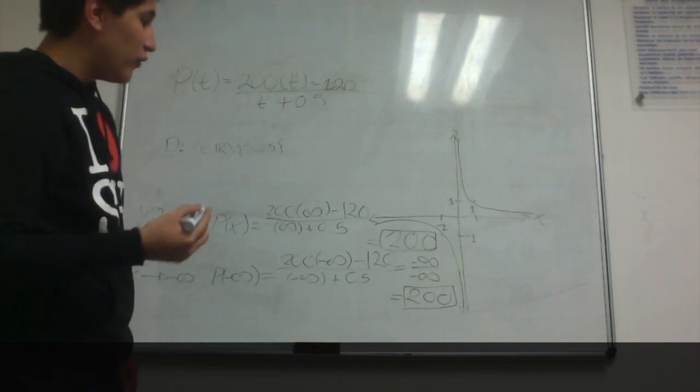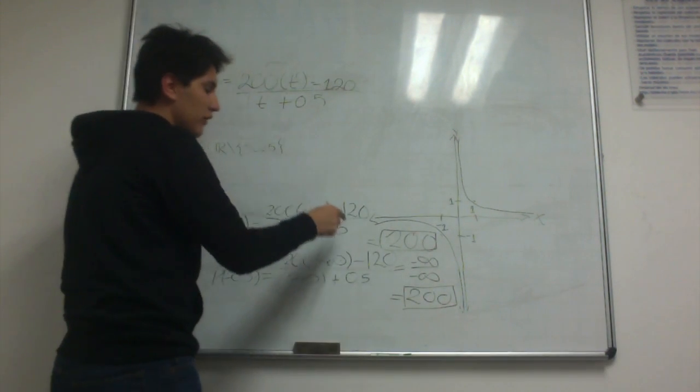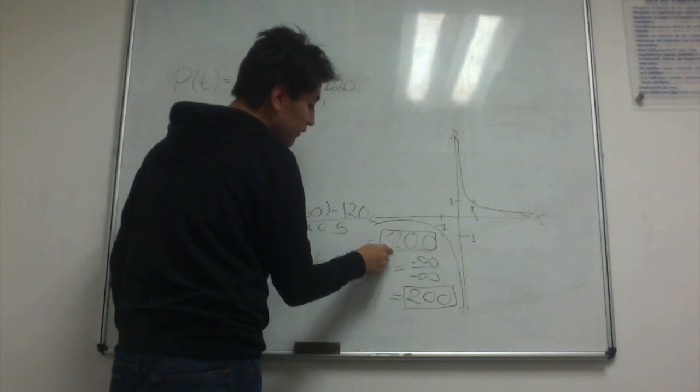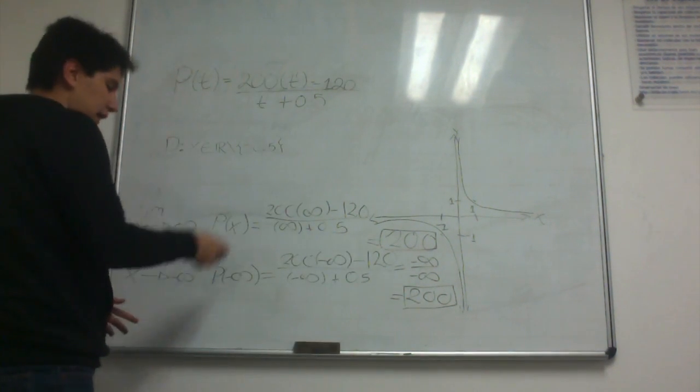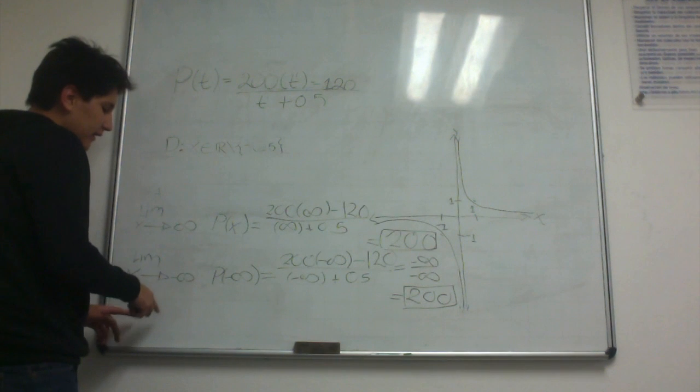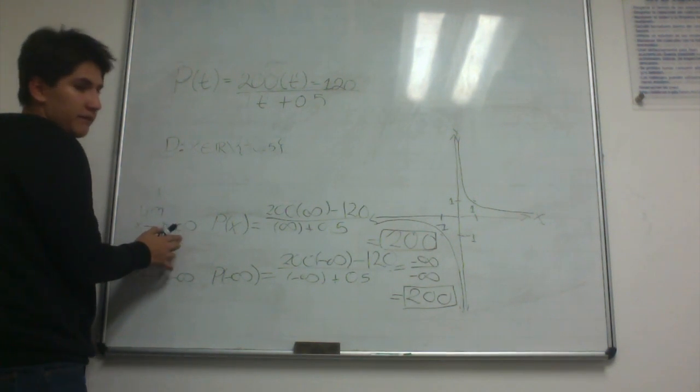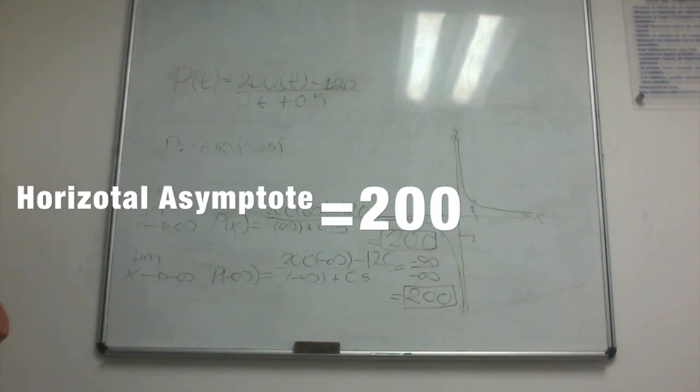Now we have proved that our horizontal asymptote is 200 because we evaluated it at minus infinity and infinity. This is our horizontal asymptote.